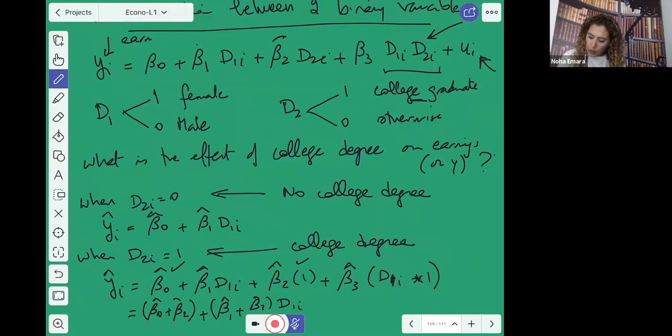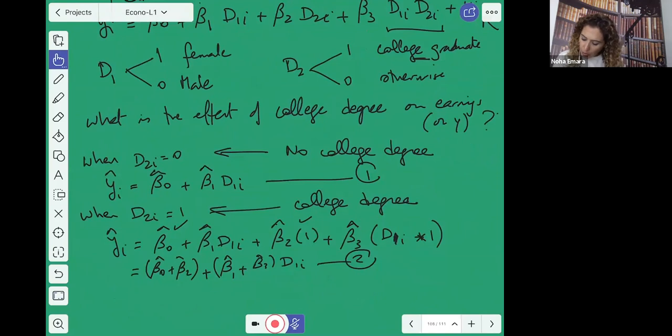Okay, so this is the regression for college degree. Now, if I want to ask you what is the effect of a college degree, then I'm going to have equation number 1 and equation number 2. So the effect of college degree would be 2 minus 1, and the beta naught would cancel, so I'm left with the change in yi hat, or the change in earnings, because of having a college degree.